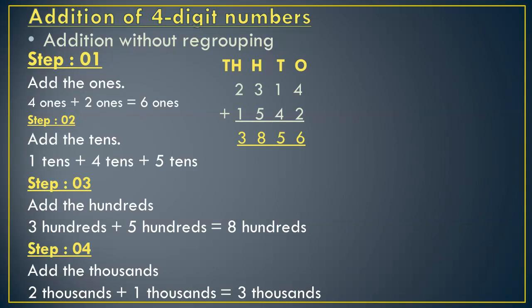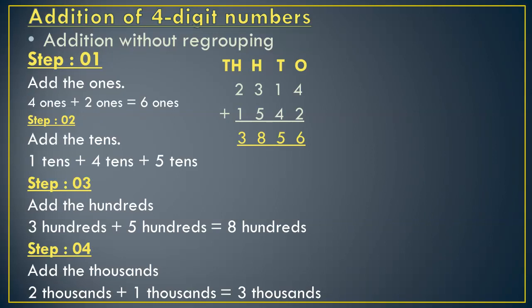So we write 2314, 4 at ones place, 1 at tens place, 3 at hundreds place and 2 at thousands place. And then we add 1542.